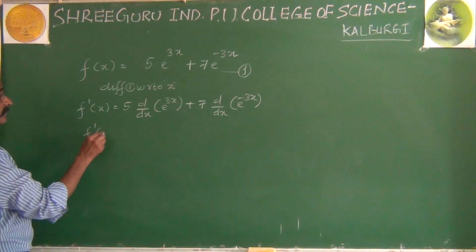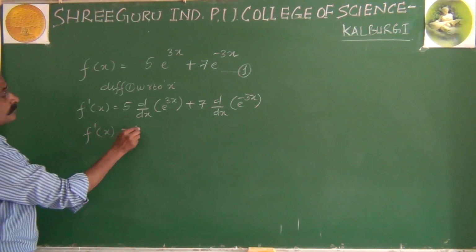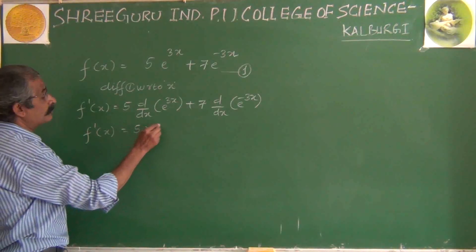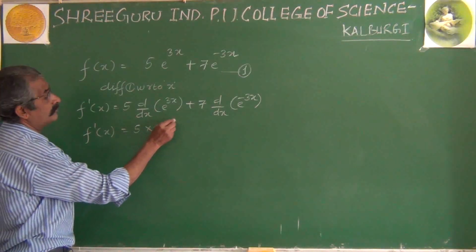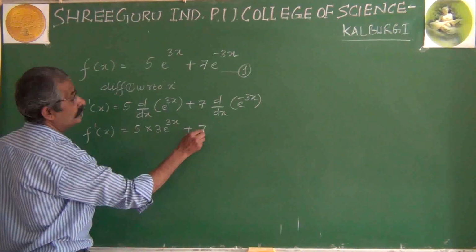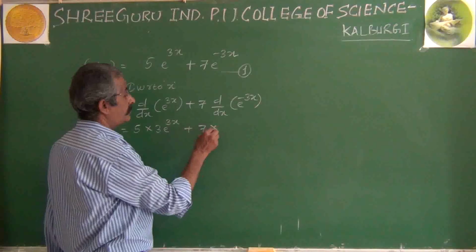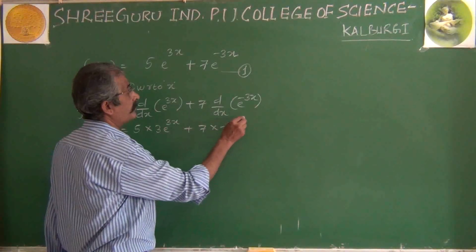That is f dash x equals 5 into differentiation of e to the power of 3x, which is 3 into e to the power of 3x, plus 7 into differentiation of e to the power of minus 3x, which is minus 3 into e to the power of minus 3x.